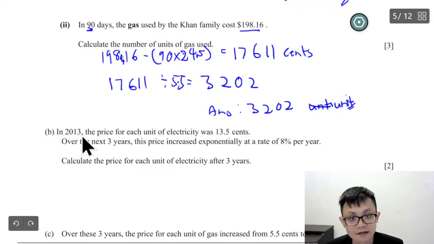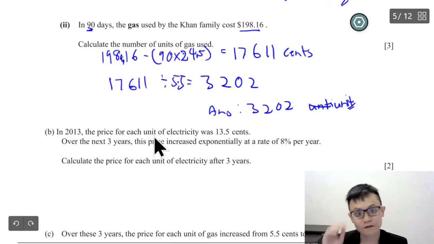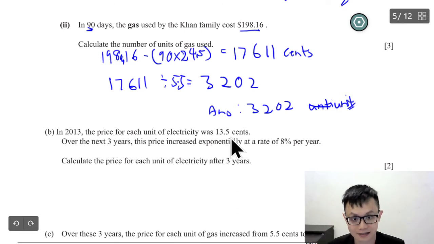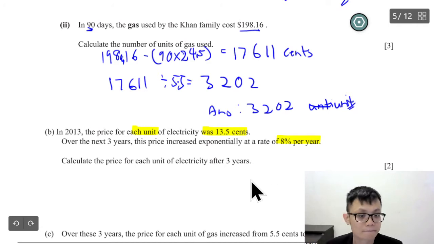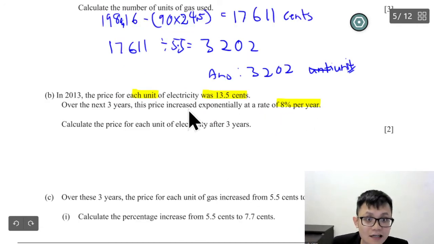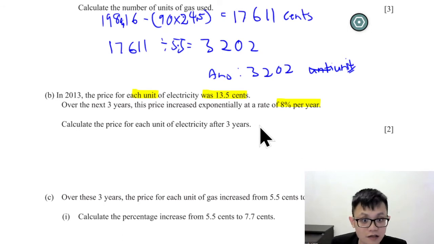In 2013, the price for each unit of electricity was 13.5 cents. Let me highlight this first: each unit 13.5. Over the next 3 years, the price increased exponentially at the rate of 8% per year. Calculate the price of each unit of electricity after 3 years. We know that this is actually compound interest, so you need to use the compound interest formula.